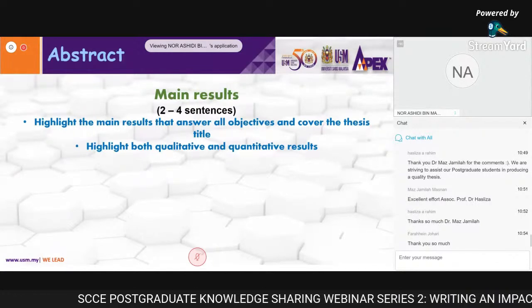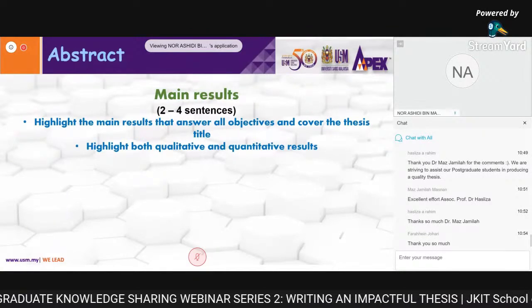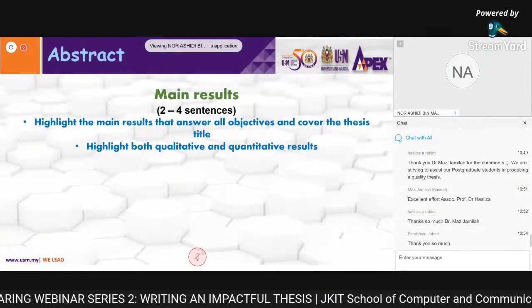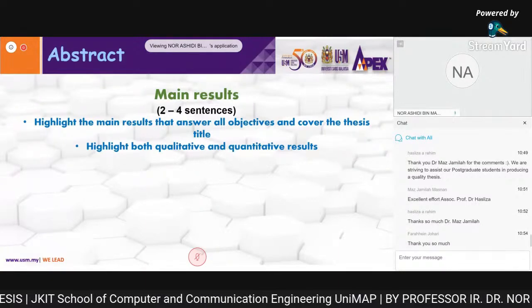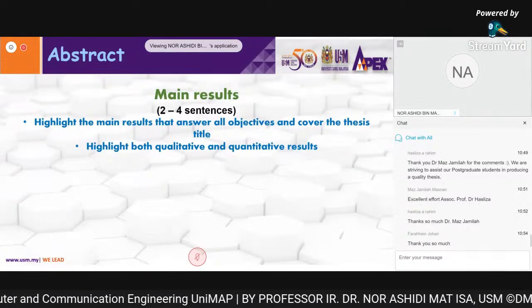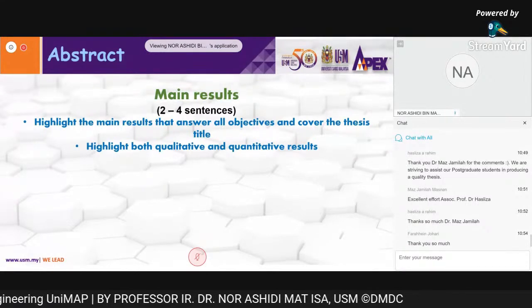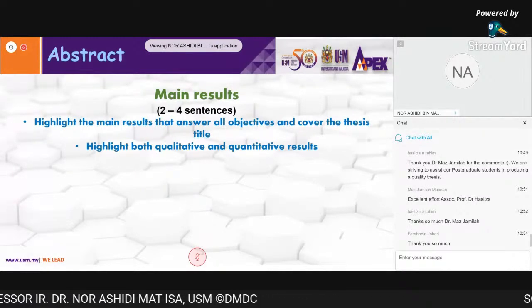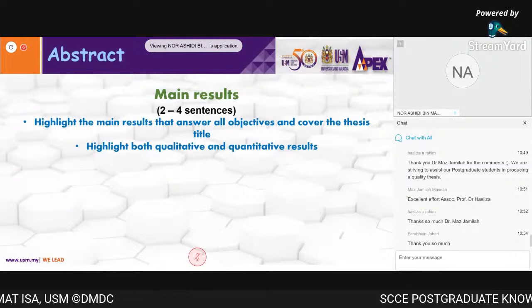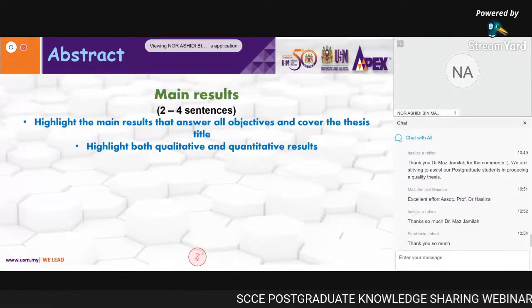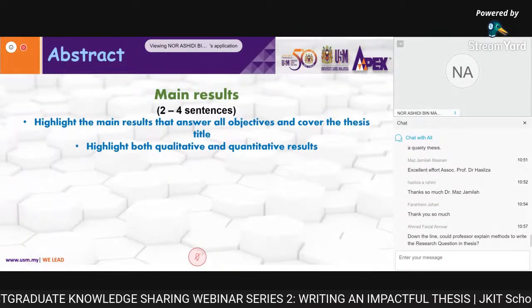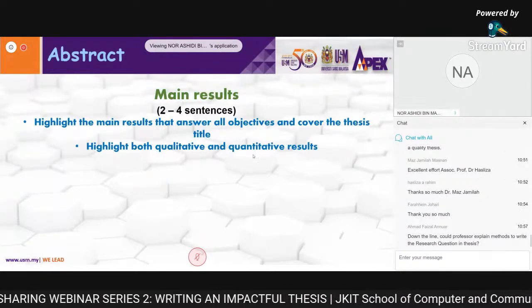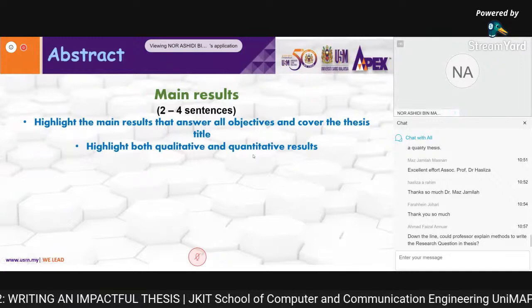So in that case, the resulting images are better as compared to conventional ones, by producing the PSNR value or whatever value, a 20% improvement, blah blah blah, as compared to the existing methods. So highlight the qualitative and also the quantitative results. Highlight the main point.